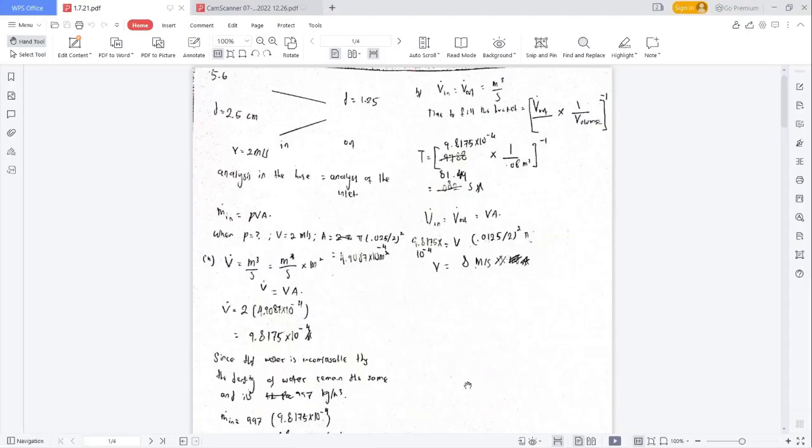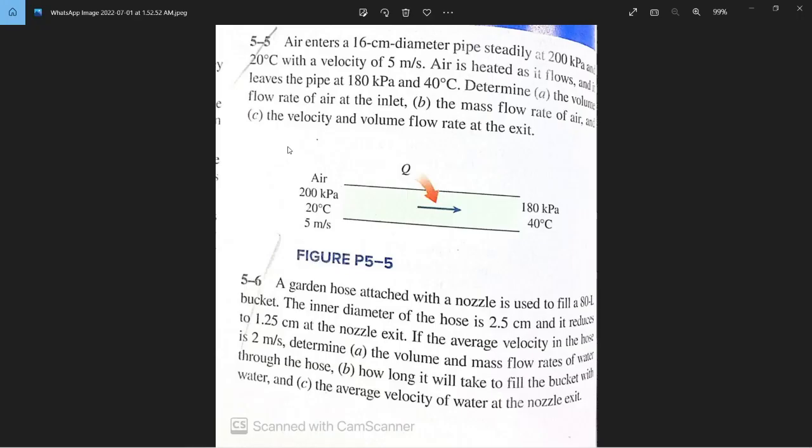So let's jump into the problem solving. We have a device, which is a nozzle, attached at the outlet of the hose. So the hose will be attached on the inlet. The inlet diameter will be 2.5 cm, and it is stated that the velocity in the hose will be 2 meters per second.